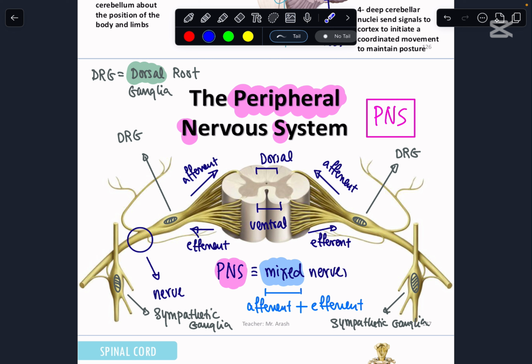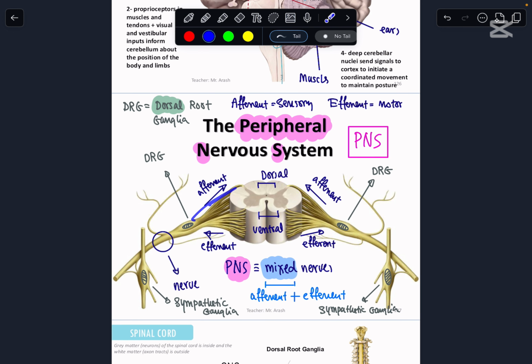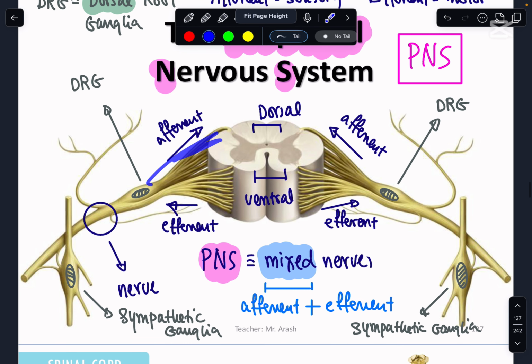Afferent means sensory, so don't forget that. And efferent means exiting, it means motor neurons. These are the neurons which bring the signals in. I'll just add an arrow here. They enter the spinal cord this way, and they exit this way.